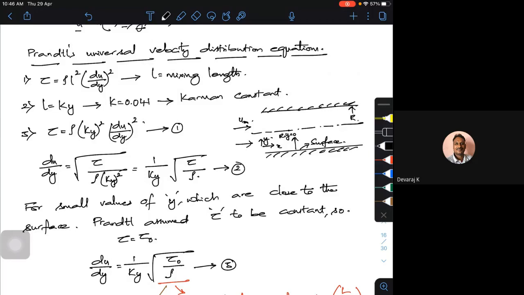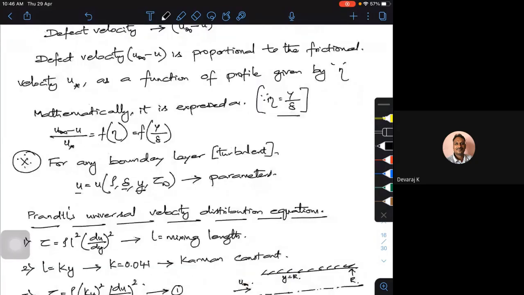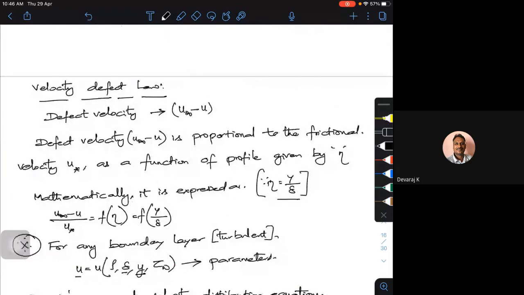So y is equal to 0, or r is equal to 0, or y is equal to r here. So y is equal to the radius r. So the velocity will be varying from u is equal to u max at this particular point. Okay.